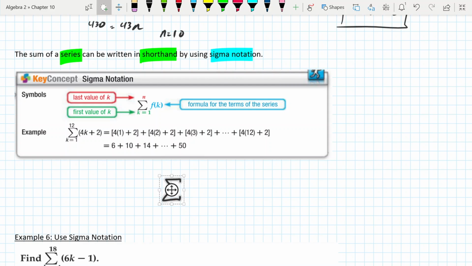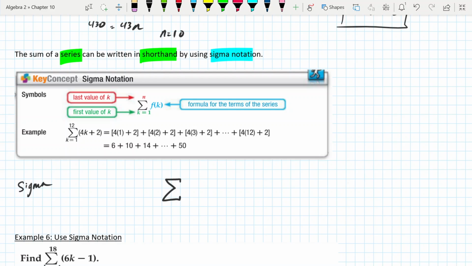This is the sigma letter. It looks like a kind of weird E shape, right? But it's actually the Greek version of the capital letter S. So that's why we use it for something where we add a bunch of stuff together, because it's a sum.